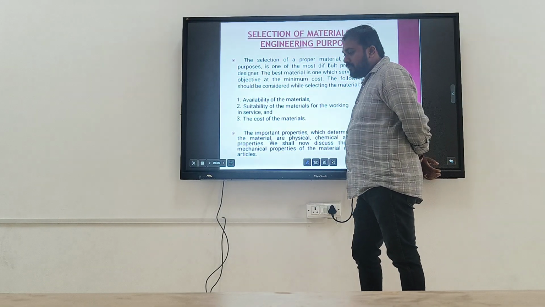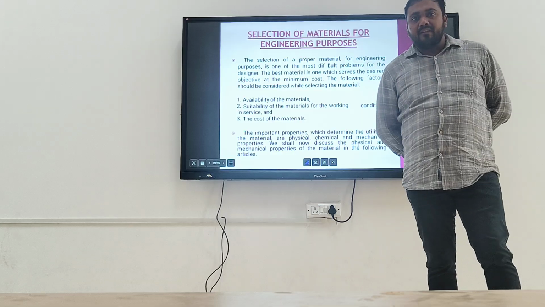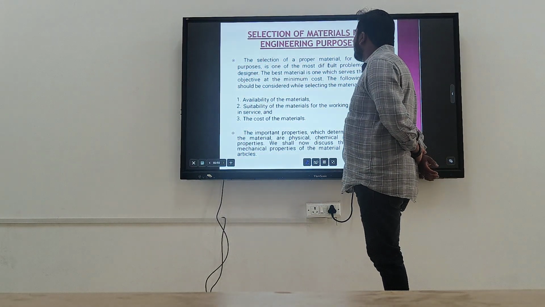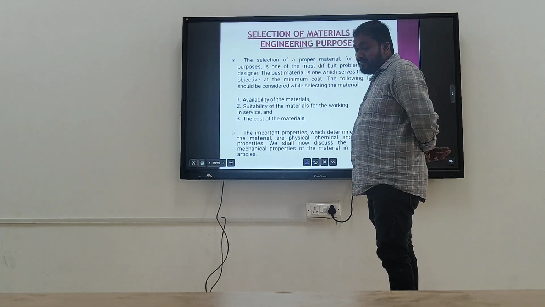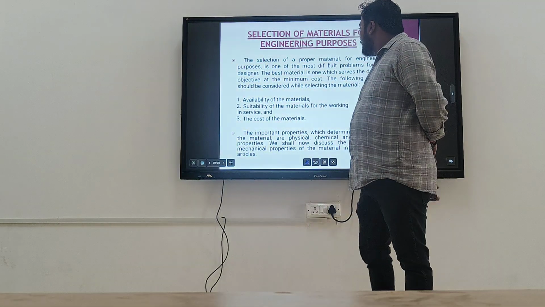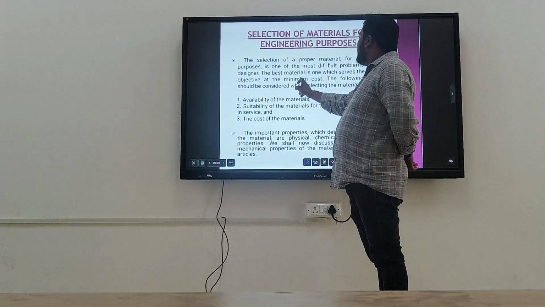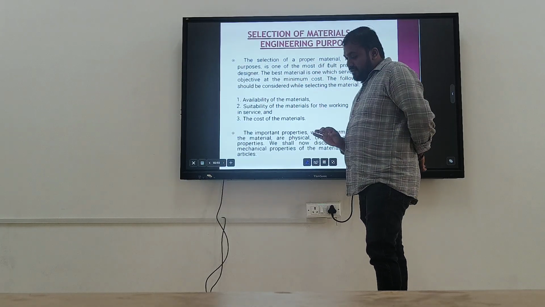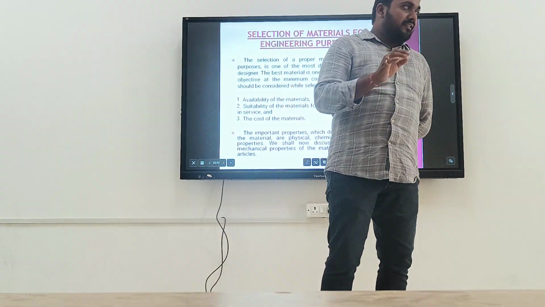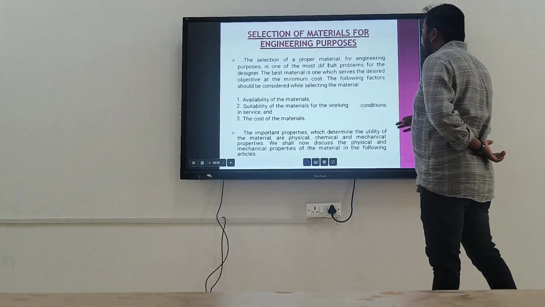Before the designer goes to manufacture a product or a machine, he should have ideas on the metals, on which metal he should select. The best metal is one which solves the desired objective at the minimum cost, and he should think about which metal is economical for that purpose.